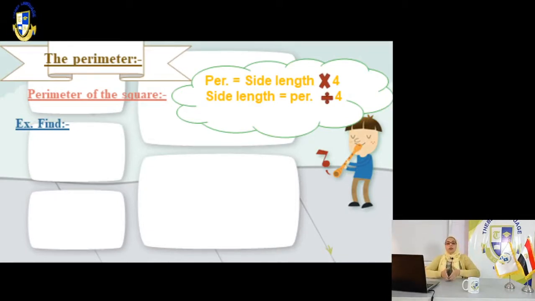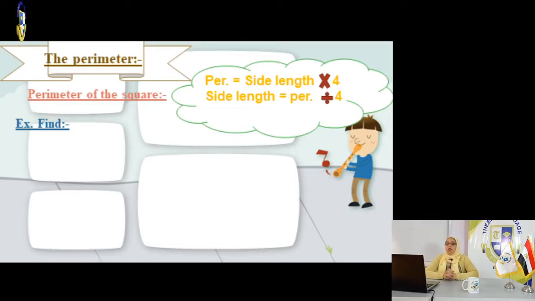Instead of adding the side length 4 times, we multiply, because multiplication is repeated addition. So side length times 4 is the rule of the perimeter of a square.